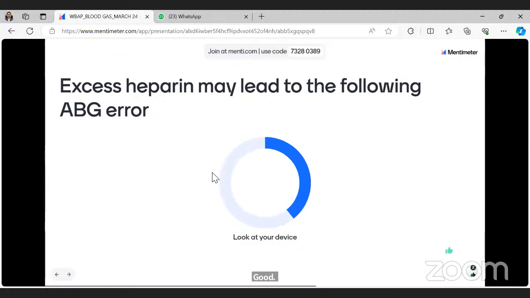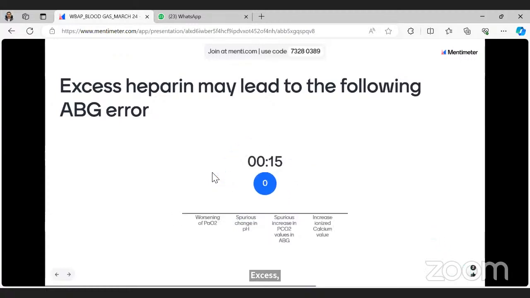Excess heparin may lead to all of the following. Which of the following is an ABG error?